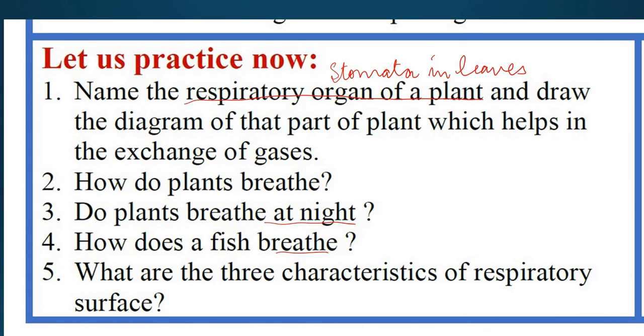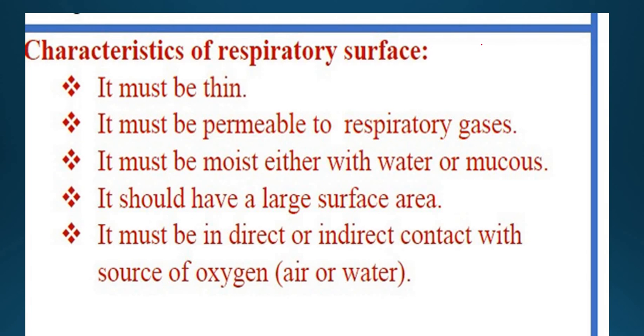Now your last question: what are the characteristics of respiratory surface? This is a very important and easy question. Answer number 5. All the characteristics: thin, permeable, moist, large surface area, and direct or indirect contact. These five are the characteristics of your respiratory surface.